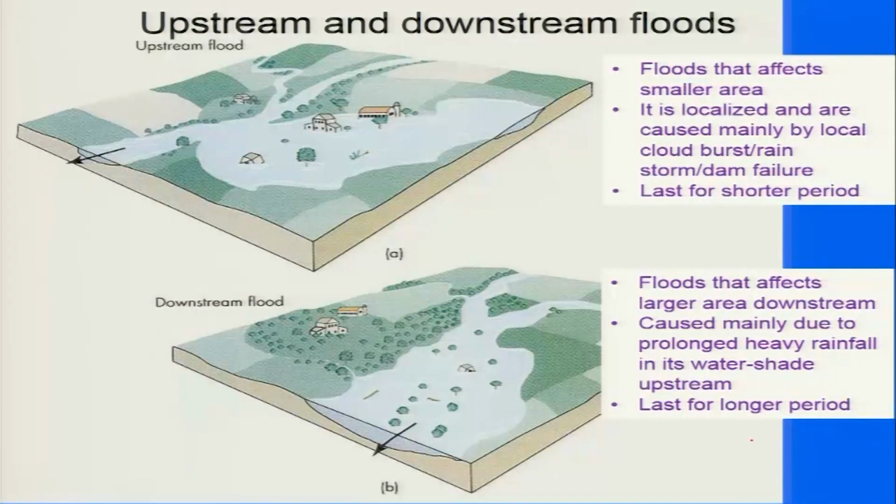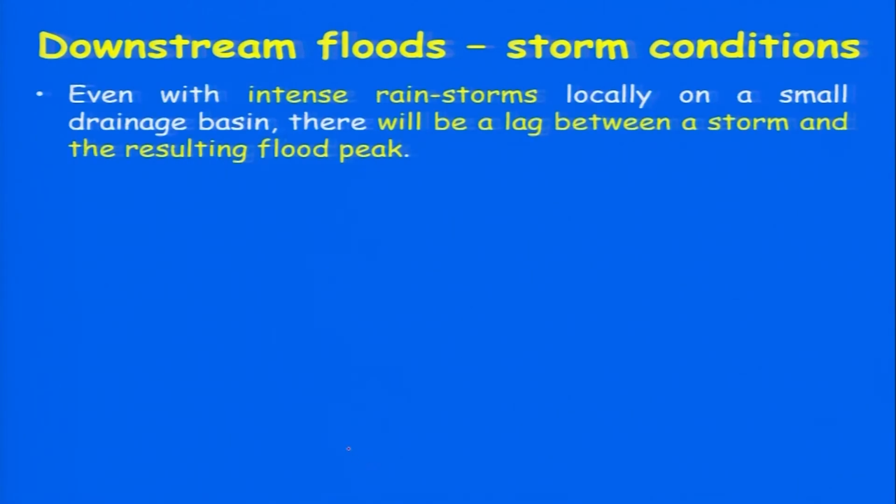So these are two important parts; where exactly we are located is important. So upstream flood and downstream flood. Downstream flood and storm condition: even with intense rain storm locally on a small drainage basin, there will be a lag between a storm and the resulting flood peak, because of how fast the stream will enter into the flooding state.